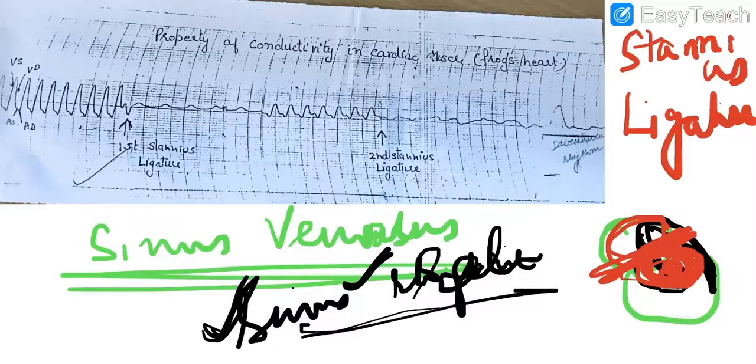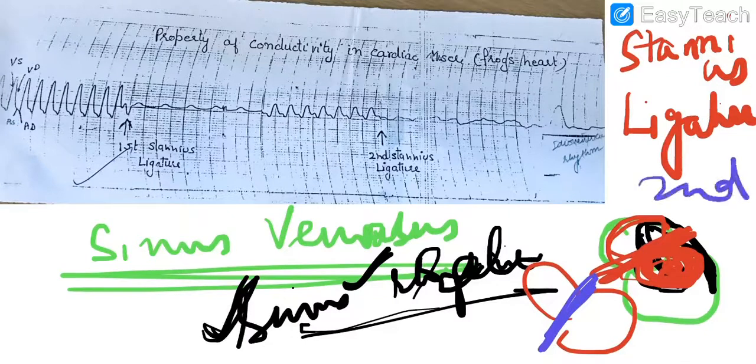If we tie a second thread between the atria and the ventricle, that is called the second Stannius ligature. The impulse generated in the atria stays in the atria; it won't cross over to the ventricle.